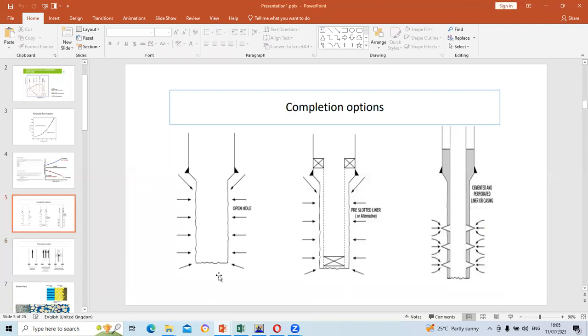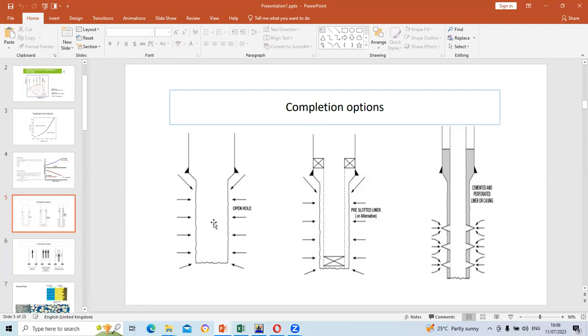So this is more or less open at this level, even though it has been cased right up to this point, but the production zone has not been cased. In this particular case, you don't need perforation because the fluid will have that free space to easily move into the wellbore.